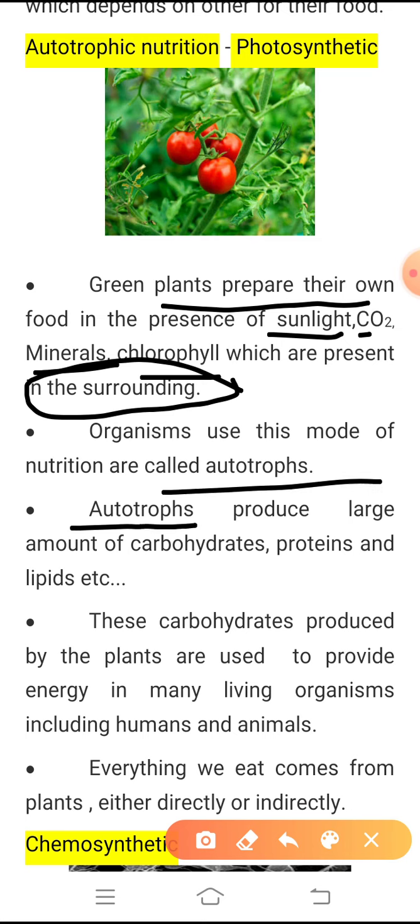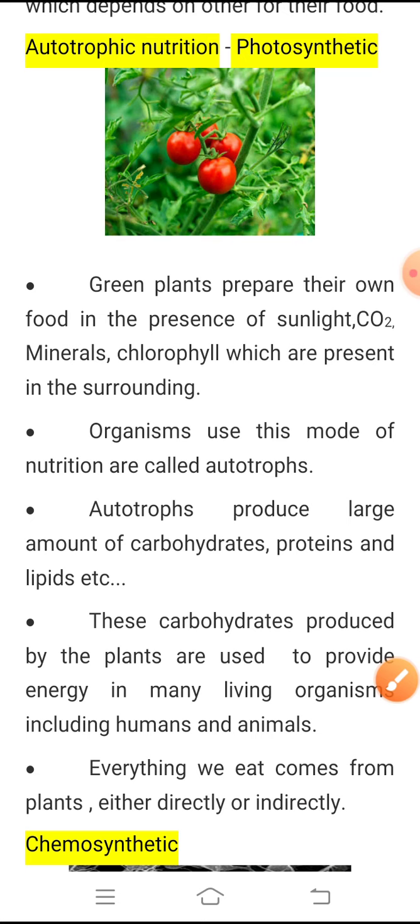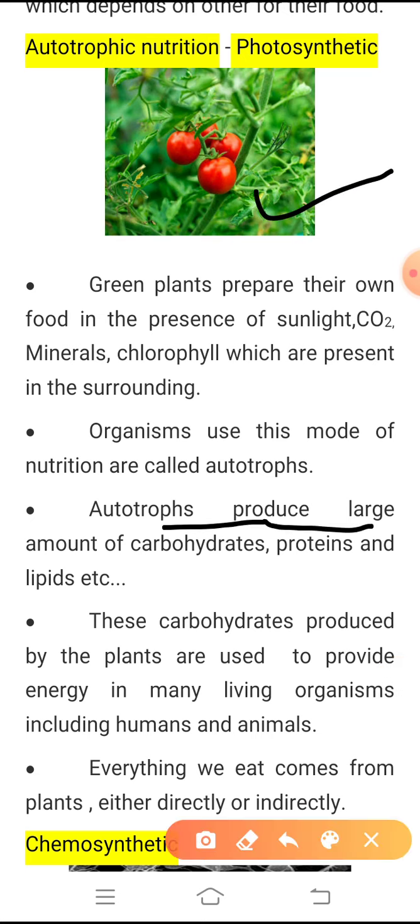And these autotrophs, the green plants, produce large amounts of carbohydrates, proteins and lipids, etc. So there are so many things which are being produced inside the plants. It may be carbohydrates, proteins, minerals, fats, lipids. So there are a lot of things which are being produced.